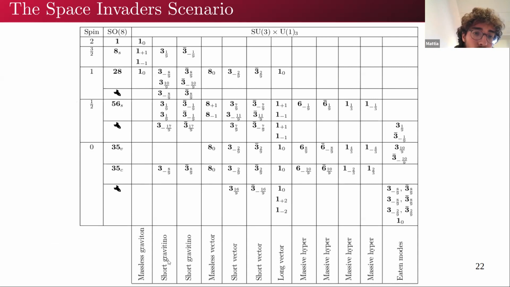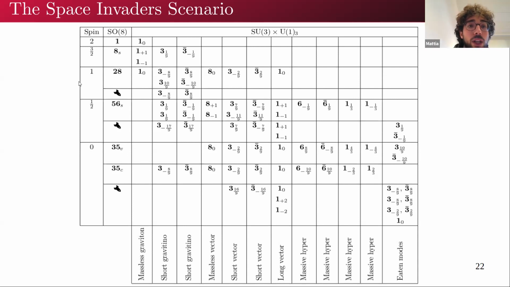We already see that in order to complete, for example, a short gravitino, one needs to call or drag a triplet with spin 1 and another with spin 1/2 with proper R charges from a Kaluza-Klein level high above in the tower. This is the so-called space invader scenario, for some obvious reason: they come and invade, and people in the 80s were very passionate about video games.